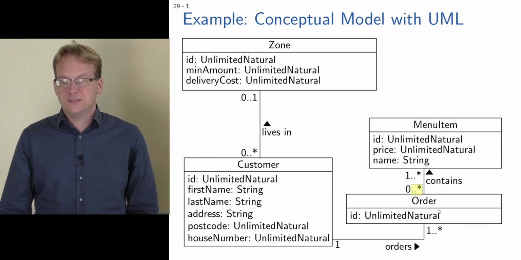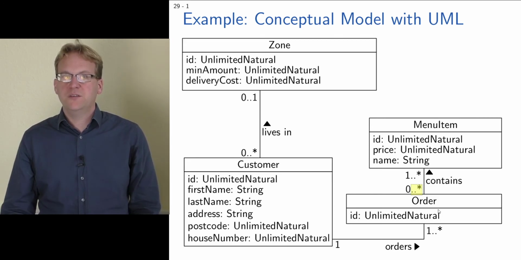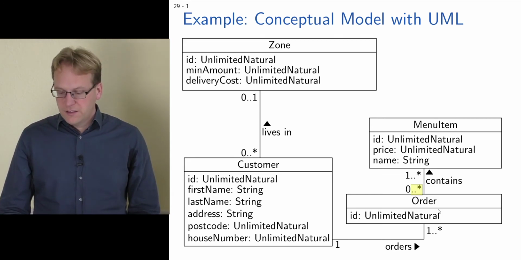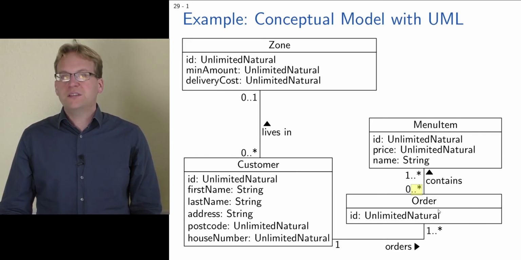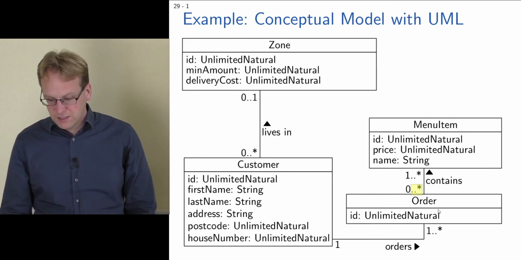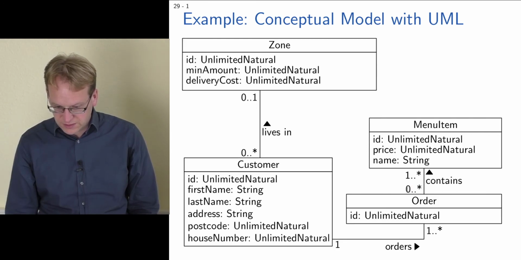It can be the case that one item from our menu is never ordered. Maybe something like strawberry ice cream with tomato sauce. Yeah, that's never ordered. Nobody likes that, so therefore we have this 0 here.